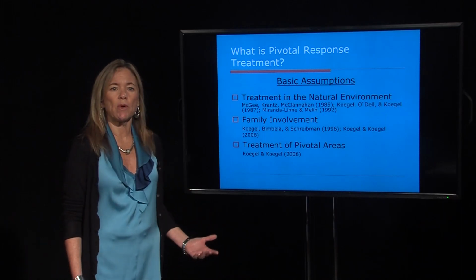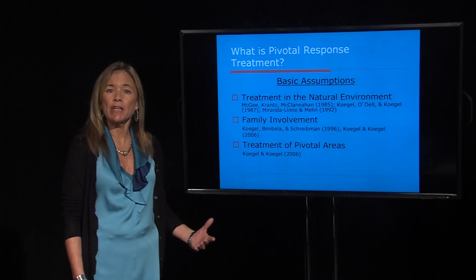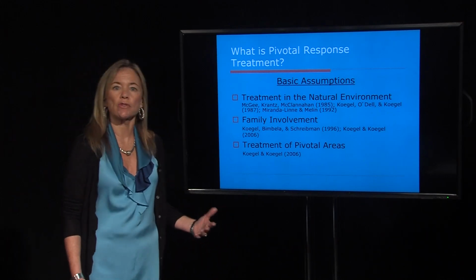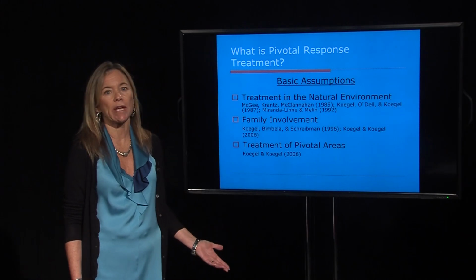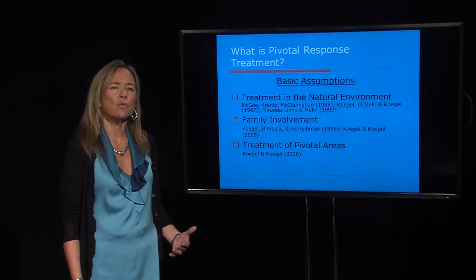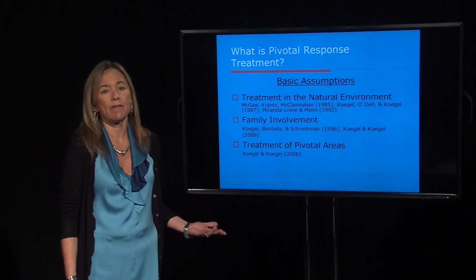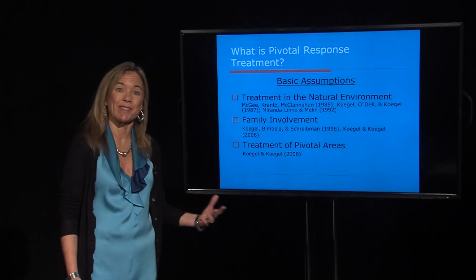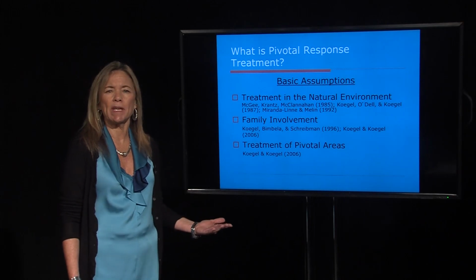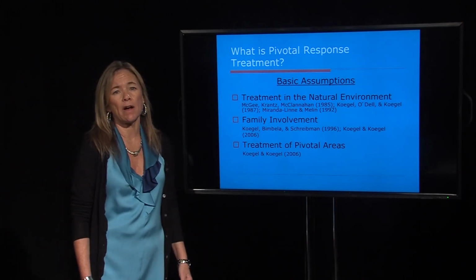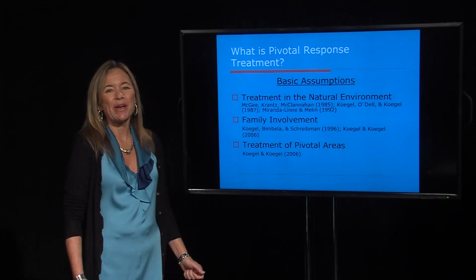And so what we really want to do with children with autism is to make sure that they participate in everyday settings, whether it be Boy Scouts or Girl Scouts, and as often as possible in regular education classes. So really just keeping them in the environments where you would have a typical child. If you go to the grocery store, take your child with you, and we'll teach behaviors in all those natural environments.